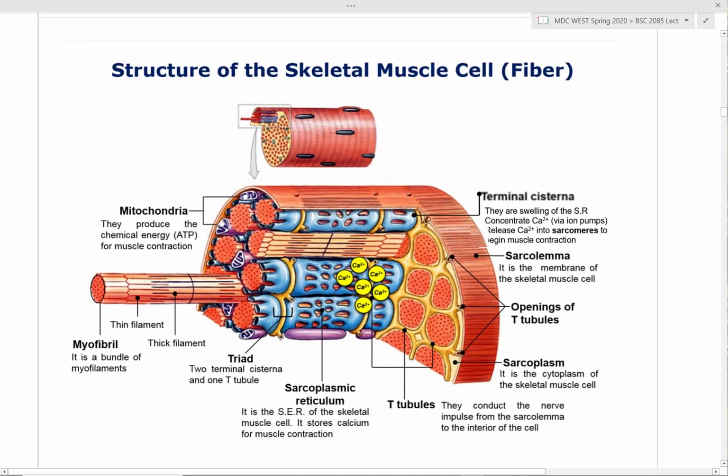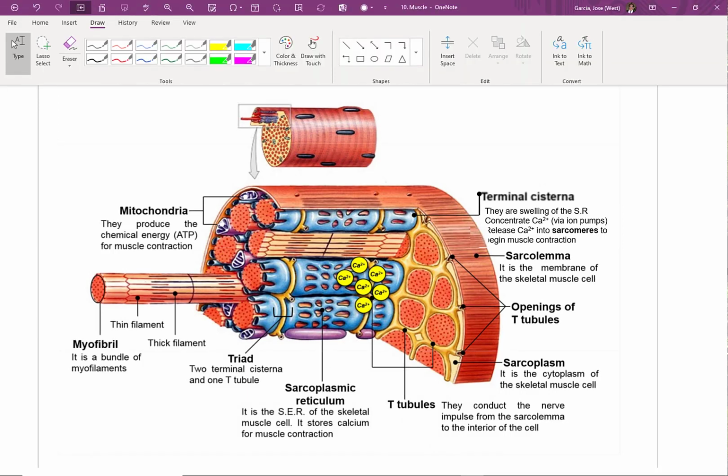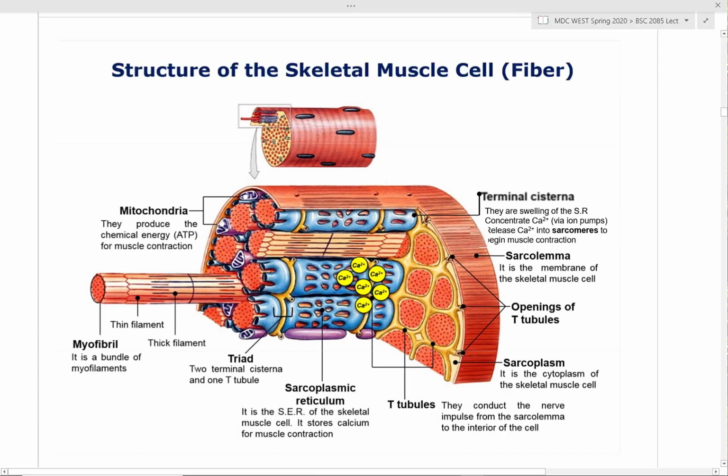So, muscle cell. This is another view of the same structure. There's nothing new here. You already know most of these things. Did we already talk about calcium? We did. Did we already talk about thin and thick filaments? We did. So what are you looking at?